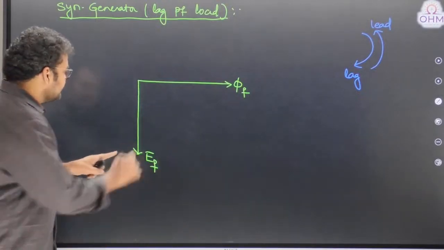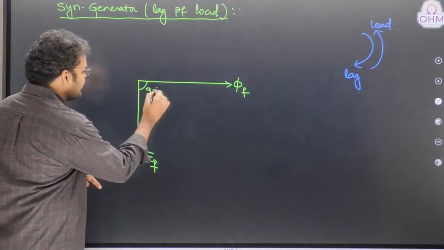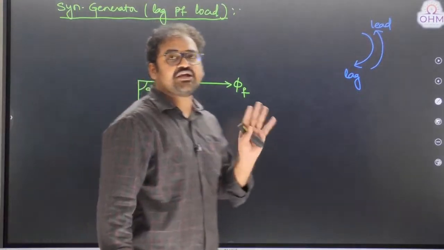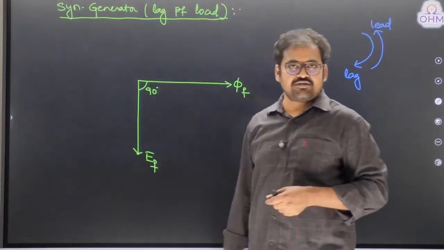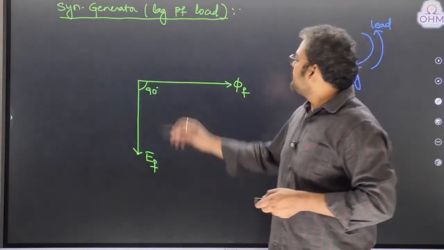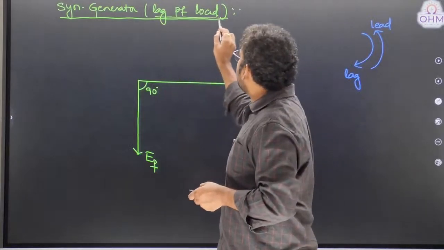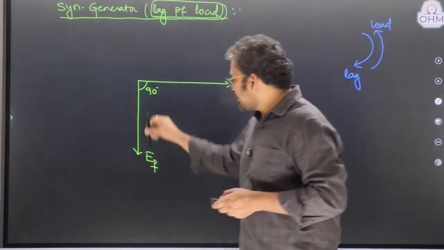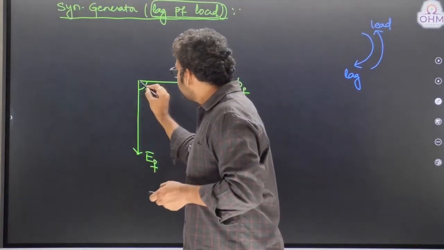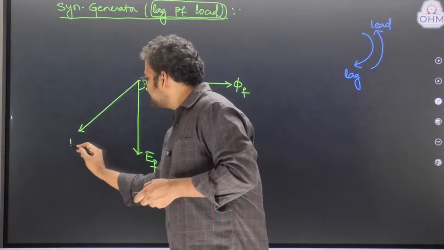Now this is lagging. Induced EMF will lag the flux by 90 degrees. Now this induced EMF will generate a current. And what is the type of the current? I am considering a lagging power factor load. Therefore, the current will lag the voltage by some finite angle.